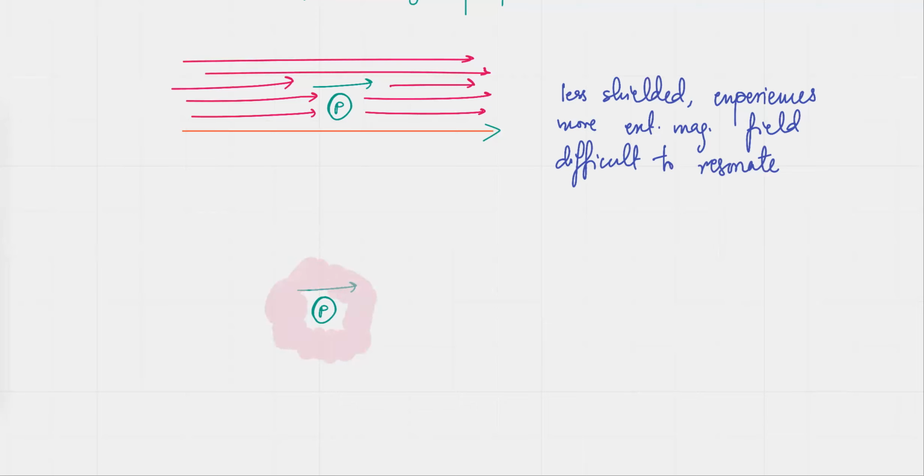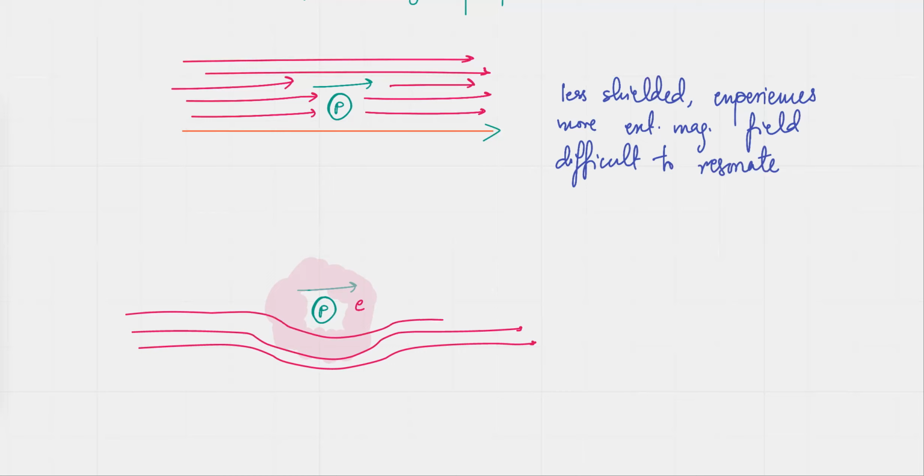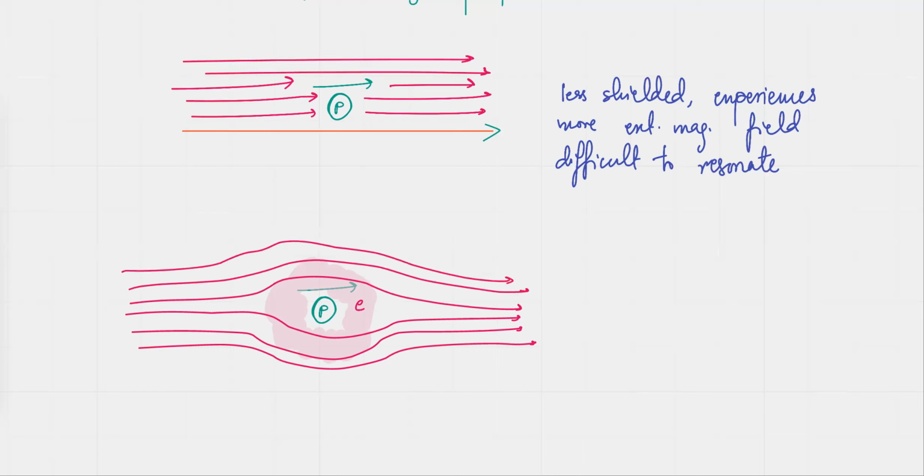Now that electron would, in a way, deflect the magnetic fields. So it's like shielding. So the magnetic field lines would come in, but they're going to get deflected by the electron. So this is what's happening now.